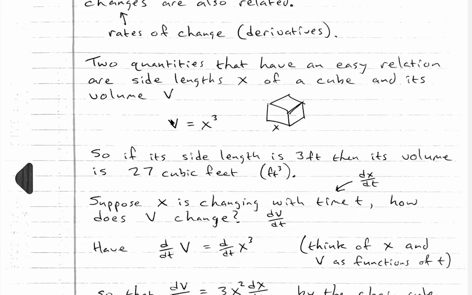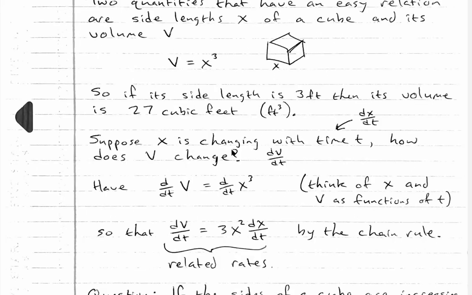So the idea is to apply d/dt to both sides. Just like we did with implicit differentiation, here we're thinking of x as a function of time and V as a function of time. So implicitly these are two functions of t, and we just apply d/dt. So we want the change with respect to time.